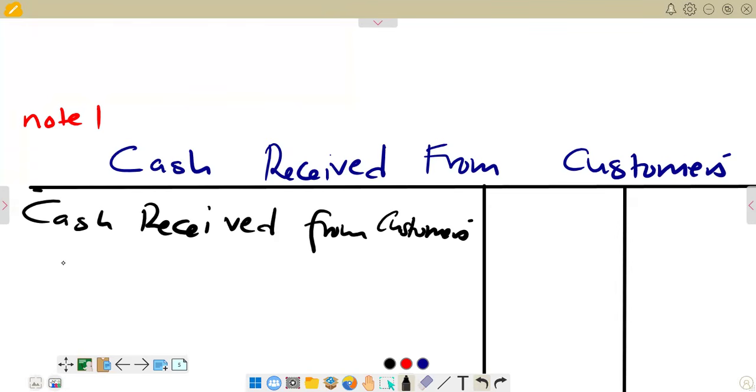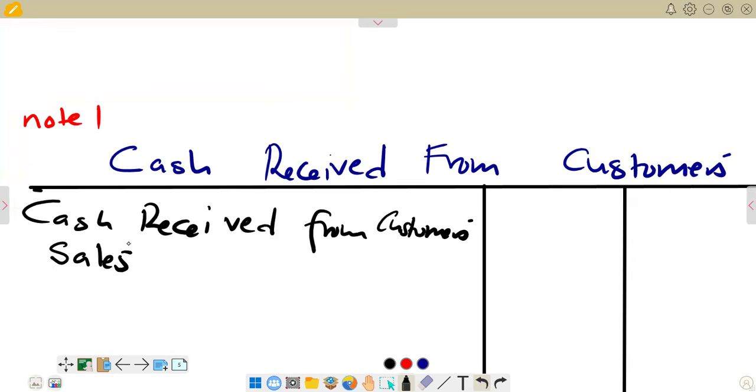So we are going to say sales, and we are going to subtract the movement that we have for debtors, whether it's an increase or a decrease. If we have got an increase, we are going to subtract it from the sales figure to get the cash received from clients, from customers. And then if it's a decrease in debtors, that's when we are going to add here.